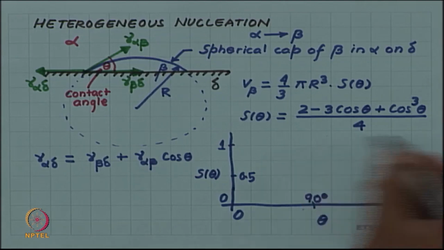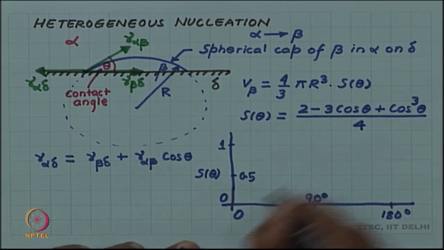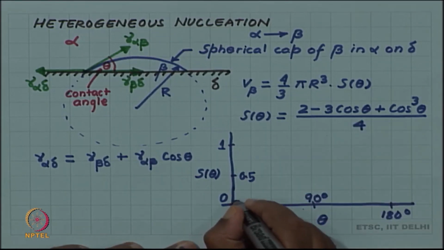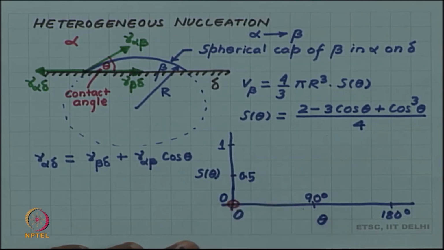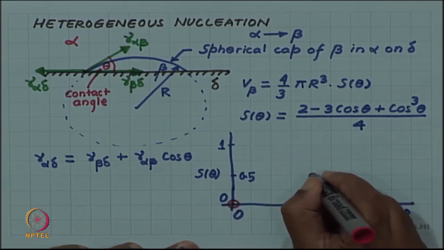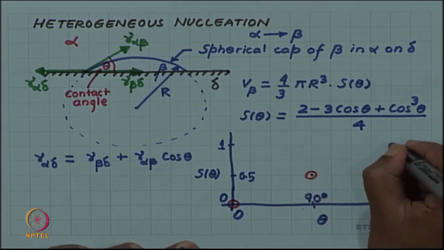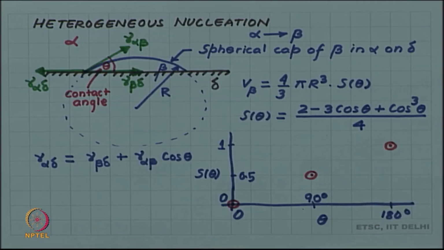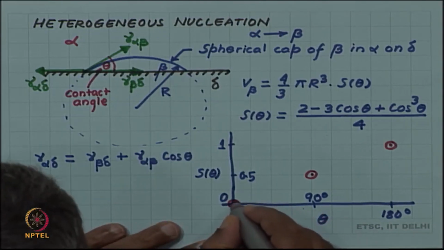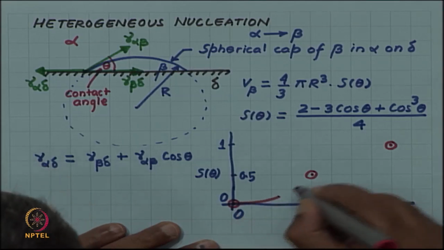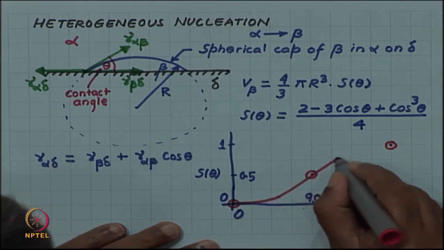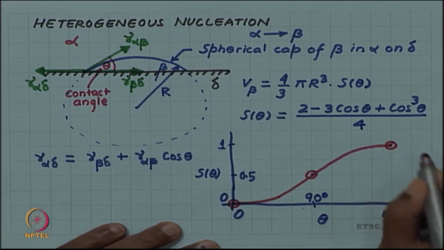If you look at this function, it will be 0 at theta equal to 0, it will be 0.5 at theta equal to 90 degree, and it will be 1 at theta equal to 180 degree, and in between it takes a sigmoidal shape, something like this.